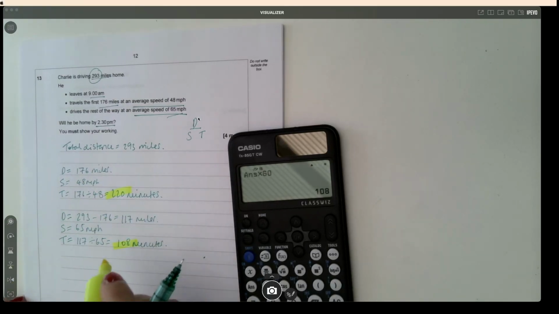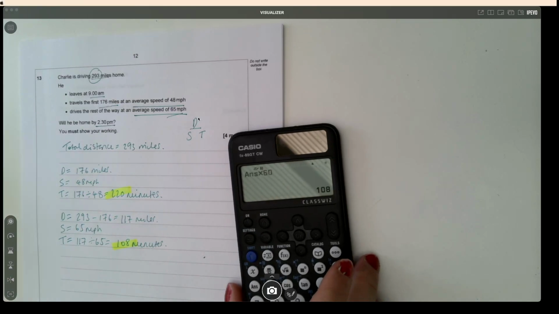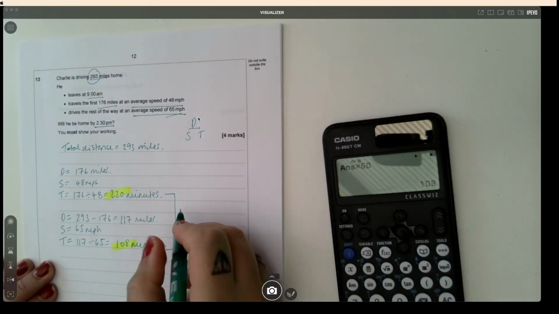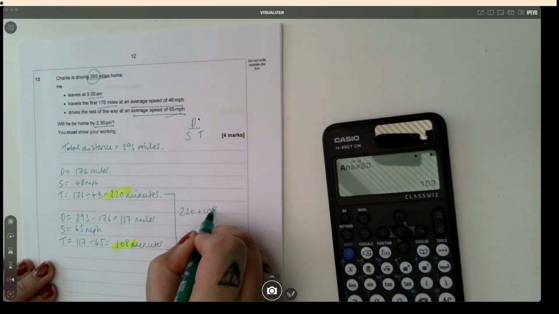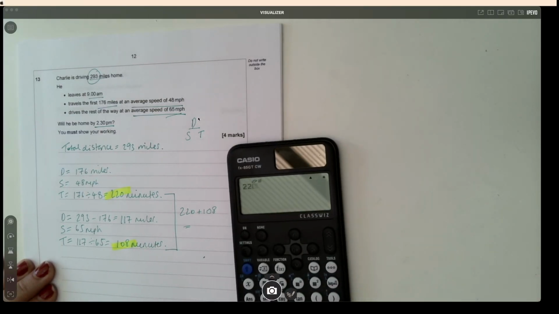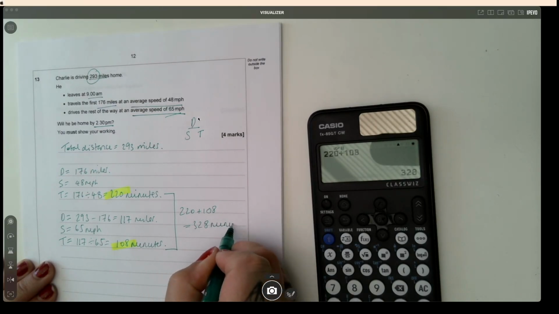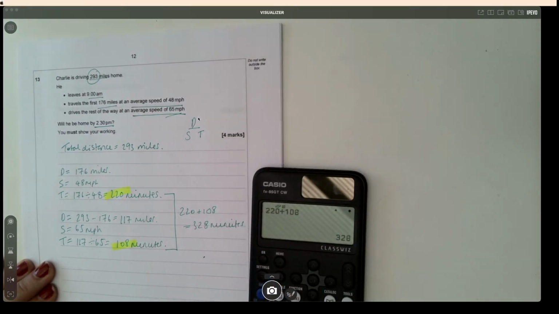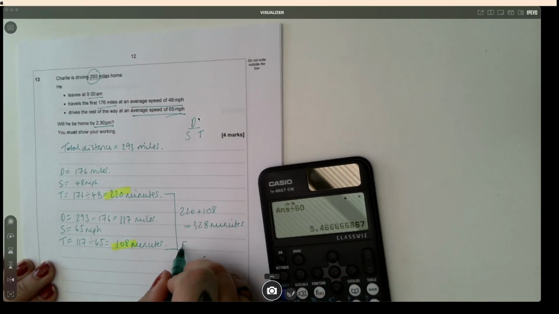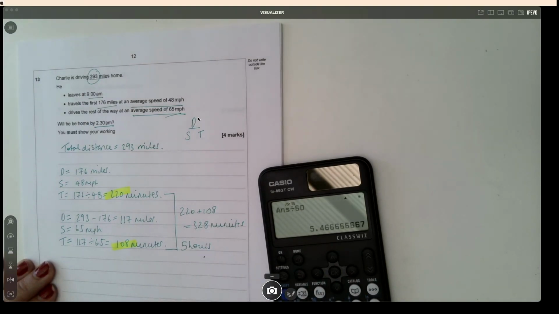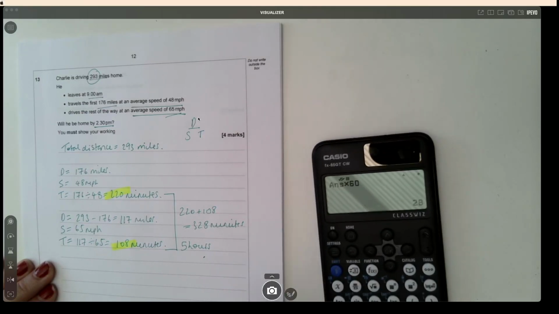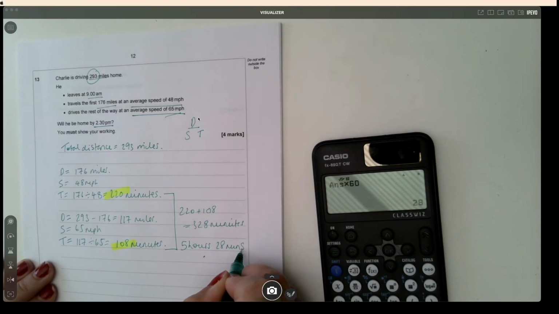So 220 minutes plus 108 minutes gives us the total time for the journey. 328 minutes. Okay. So in hours, let's divide that by 60. So that's 5 hours 28 minutes.